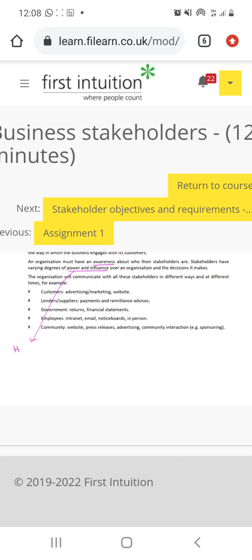We may have a group of stakeholders that have a high level of power and influence, and these are really important to an organisation. Business activity and strategy must be acceptable to them.